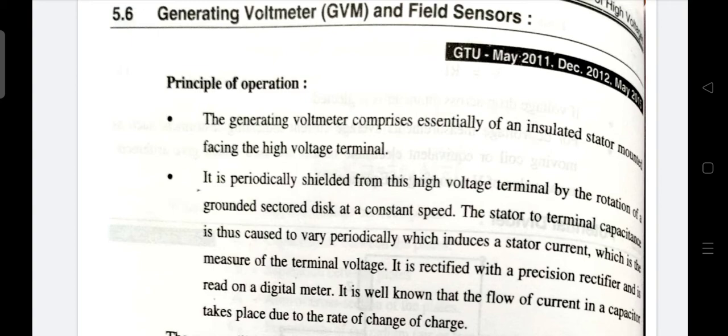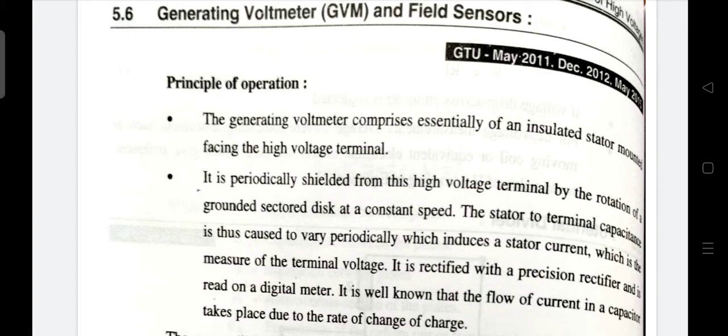It is periodically shielded from this high voltage terminal by the rotation of a grounded sectored disc at a constant speed. The stator to terminal capacitance is thus caused to vary periodically, which induces a stator current, which is the measure of the terminal voltage. It is rectified with a precision rectifier and is read on a digital meter.